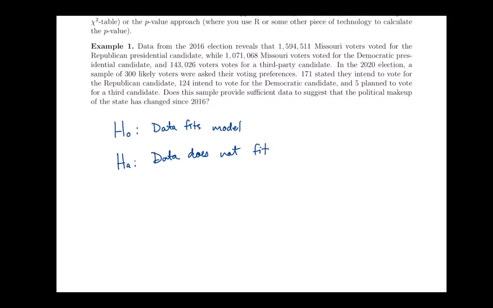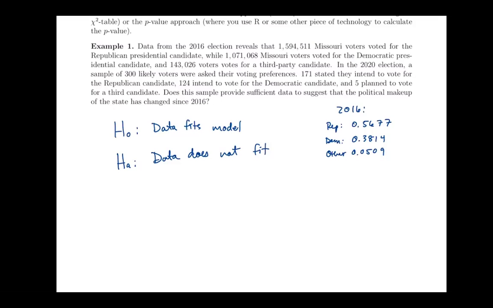In 2016, 56.77% of voters voted Republican, 38.14% voted Democratic, and 5.09% voted other. These probabilities add up to 1.